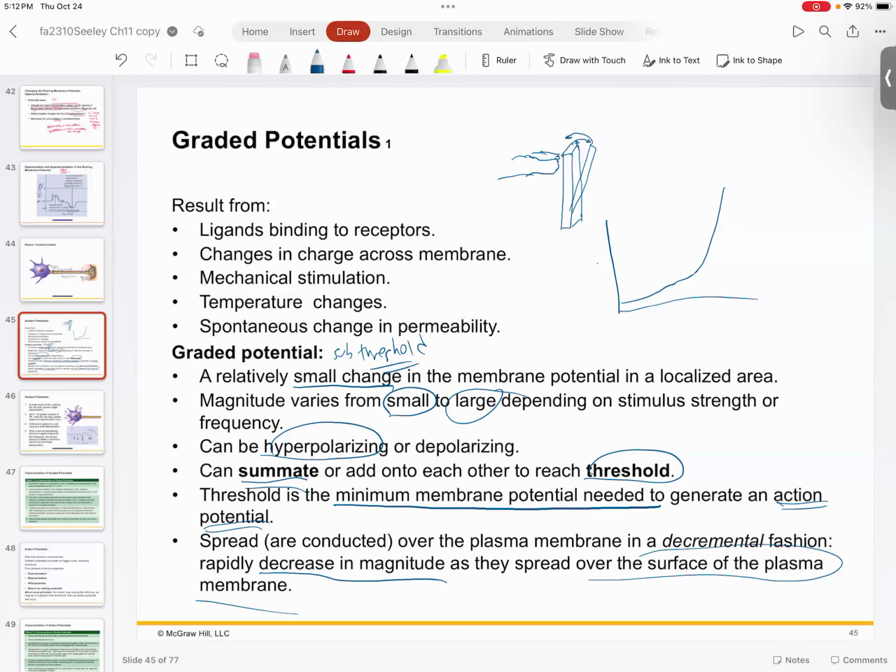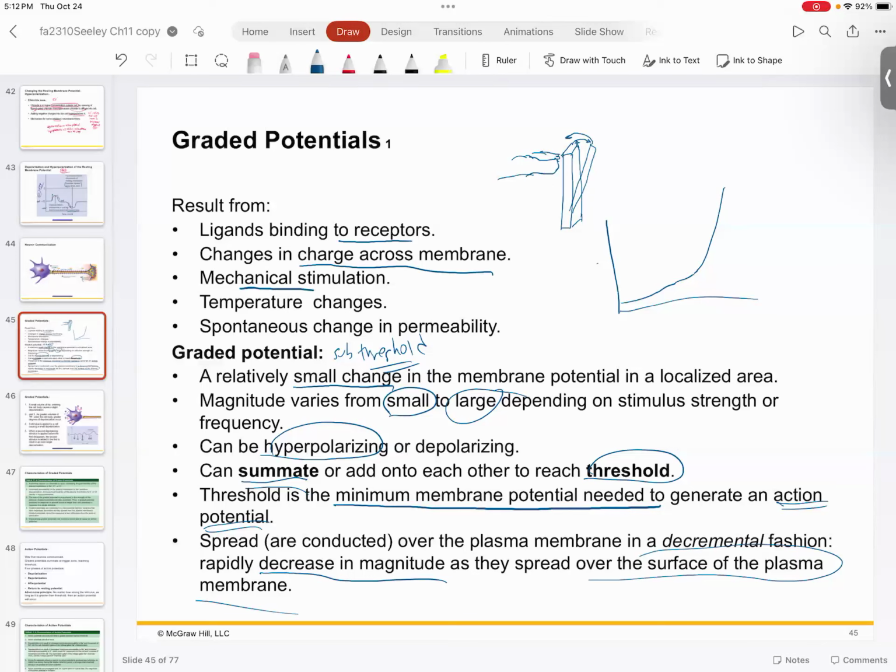Now, generally speaking, these graded potentials will come from a couple of places. First of all, you create a graded potential by binding to receptors, right? Ligand binding. And so we saw examples of that. That's like a ligand-gated sodium channel. Also, if you change the amount of charge across a membrane, either through leak channels or pumping or other sorts of means, that can create a graded potential.